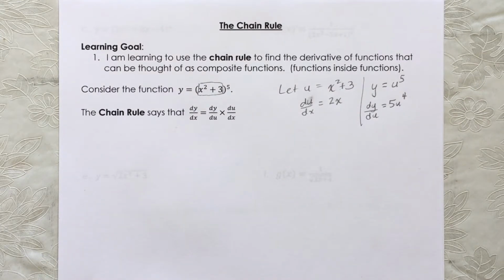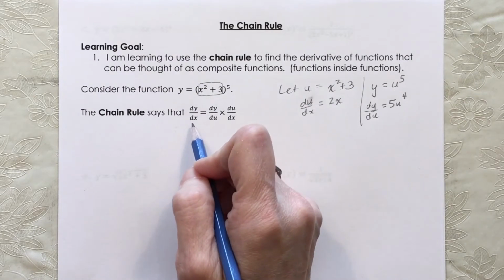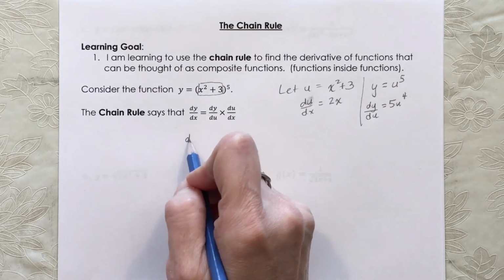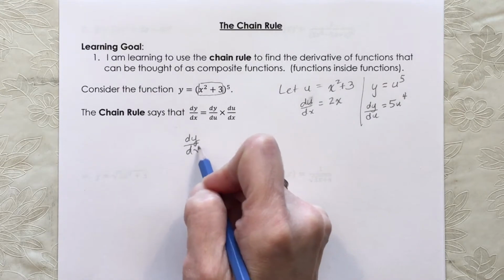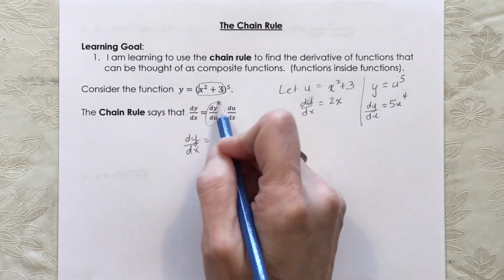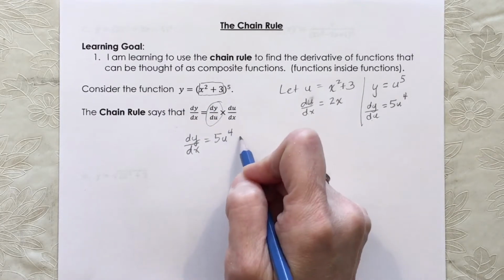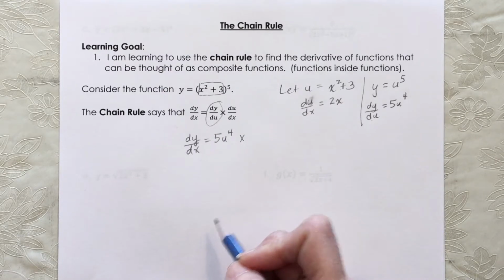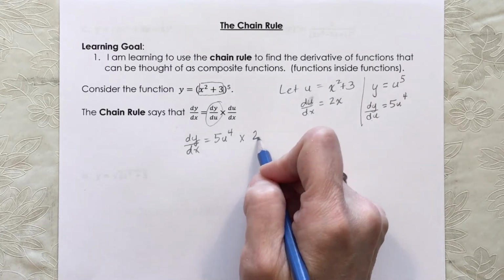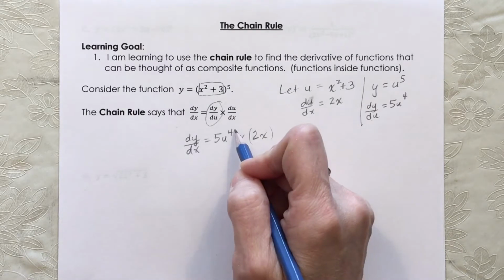Then dy by dx is dy by du, which we said was 5u to the fourth, multiplied by, that's not an x but a times sign, du by dx, which we said was 2x. So these multiplied together.